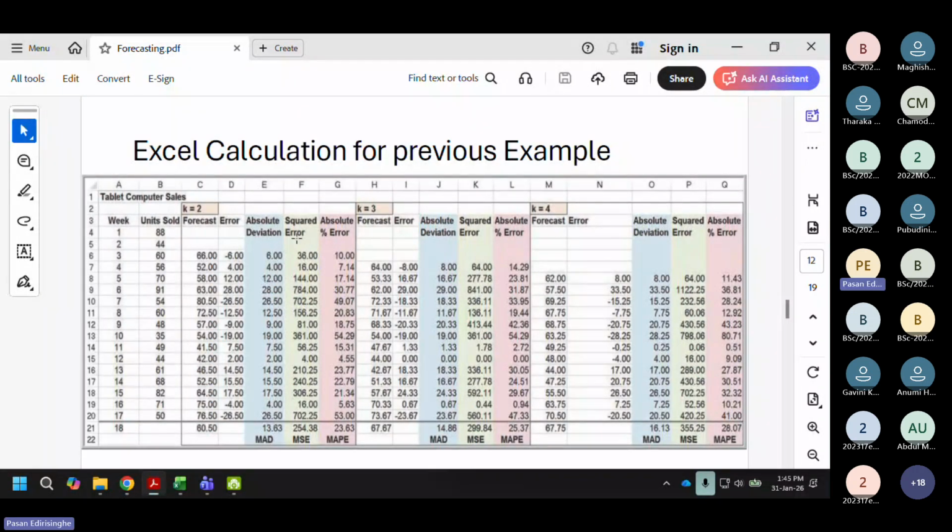In terms of all three of them, we can identify that k equal 2 gives the smallest. Everybody see that?